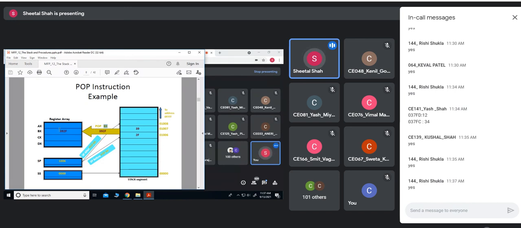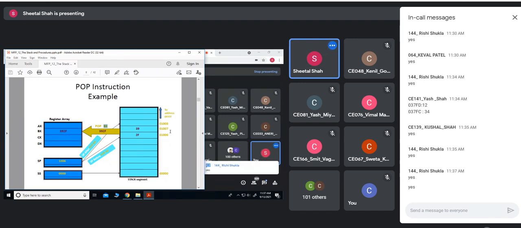So 392F is copied. After that, the stack pointer would be incremented by 2. Currently it was 1006, now it would become 1008. Hope everyone is clear with this. So first the data is popped from the stack, and then the stack pointer is incremented by 2.